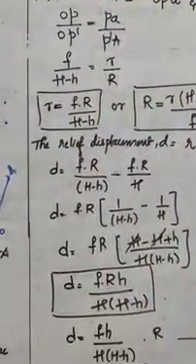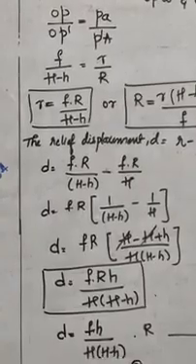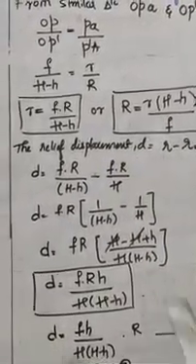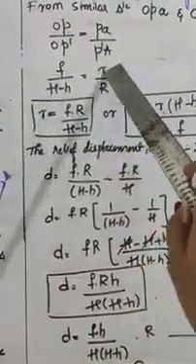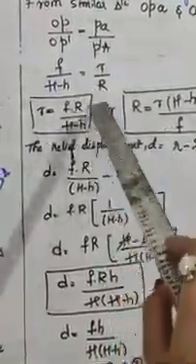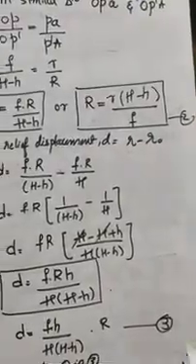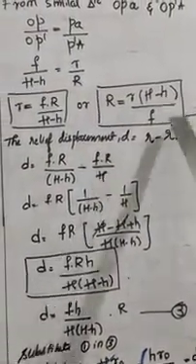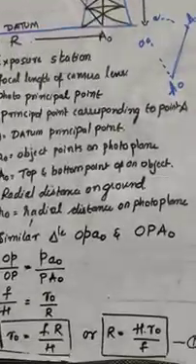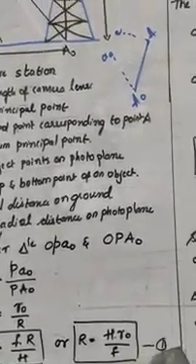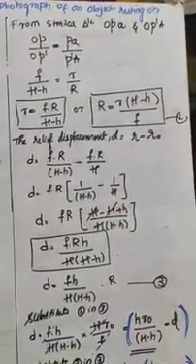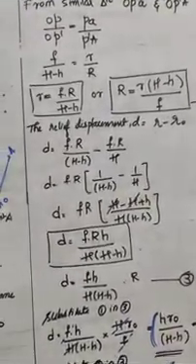So finally here also, once we write the equation for small r, we then write the equation for capital R. If you take small r this side, it becomes f R by H minus h. In the similar way, if you write for capital R, this is the equation you obtain. We take the previous equation for capital R as equation 1, and the similar angle triangle we just applied as equation 2.